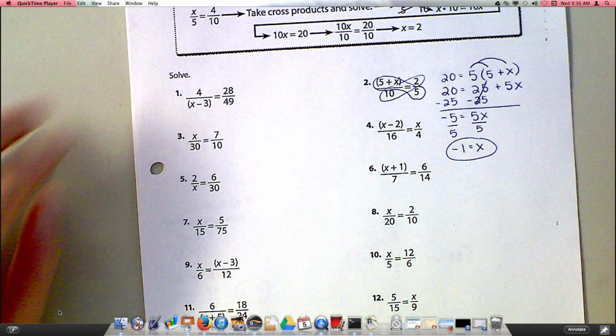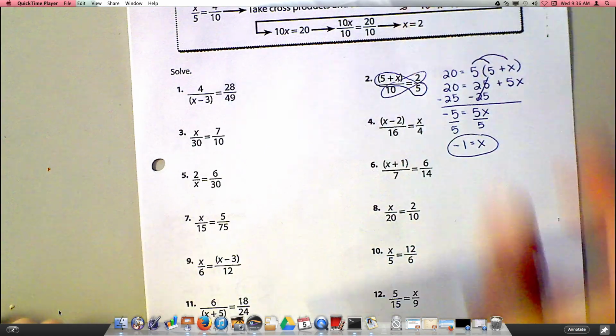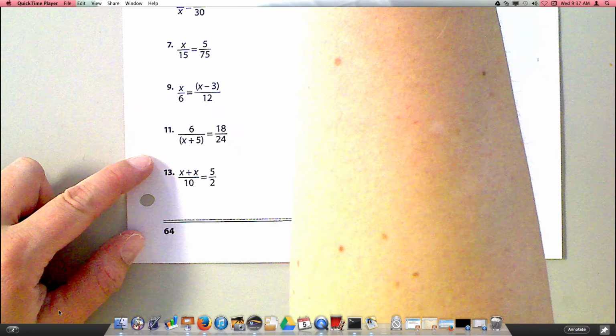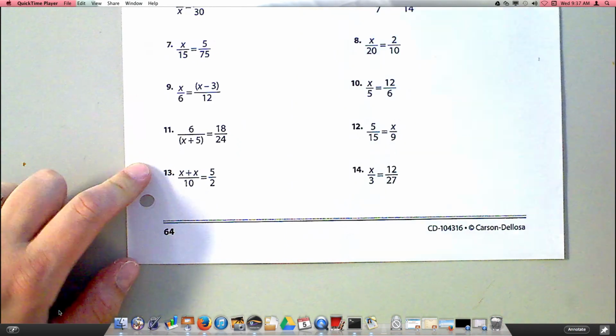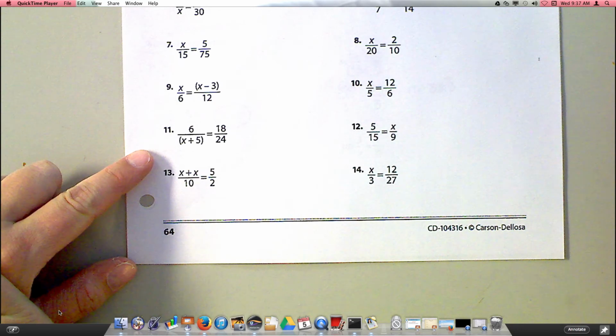Okay. Let's pick another one that looks like that one. 11? Okay, let's do 11. Okay, let's multiply which two numbers right off the bat? Jared, which two numbers am I multiplying right away?